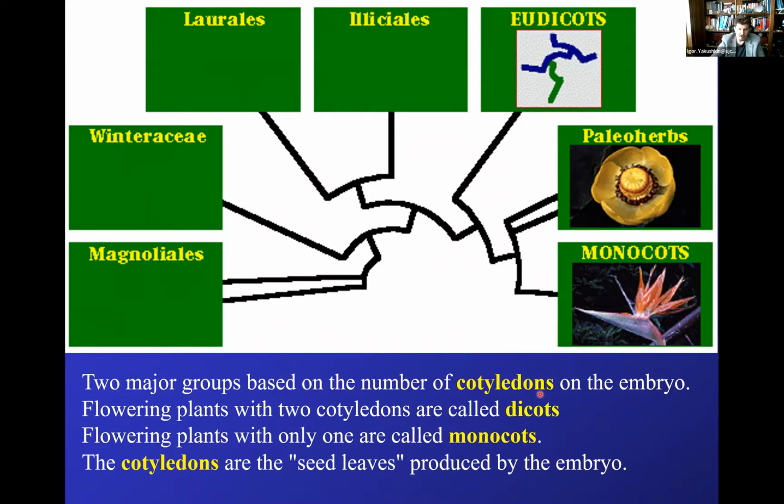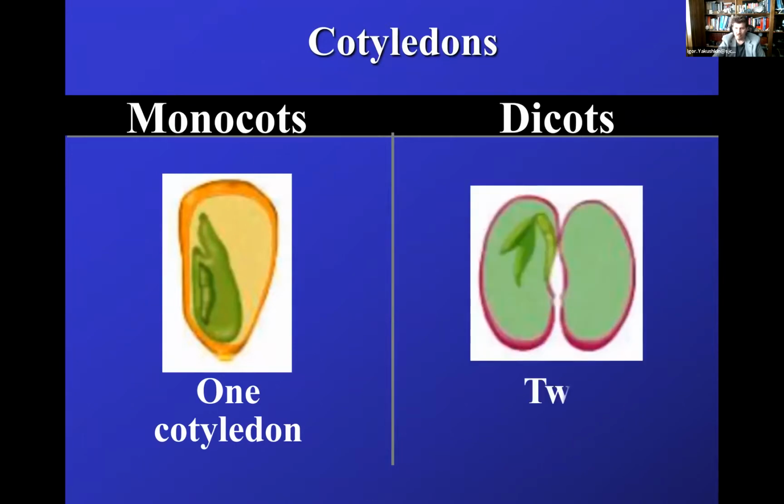So cotyledons, the seed leaves or embryonic leaves. Here we have the picture, and this is the embryo right here, and that's a single leaf, 1 cotyledon. On the dicots, you can clearly see that's the embryo, and now we're looking at 1 and 2 cotyledons.